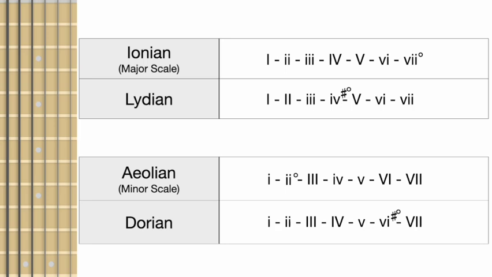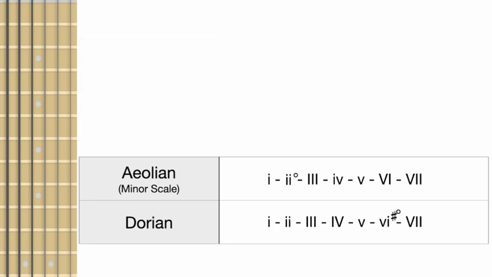And you can see that it has the sharpened sixth, the F sharp, and this sharpened sixth is really what we're going to be focusing in on as we're looking at Dorian this week.